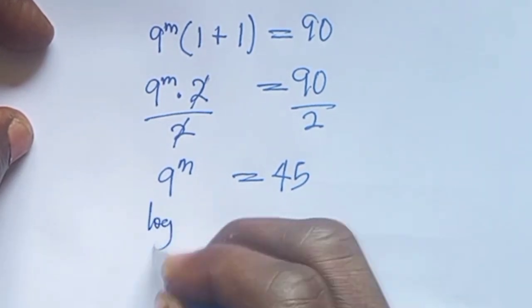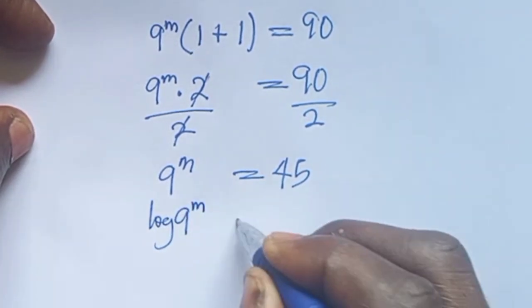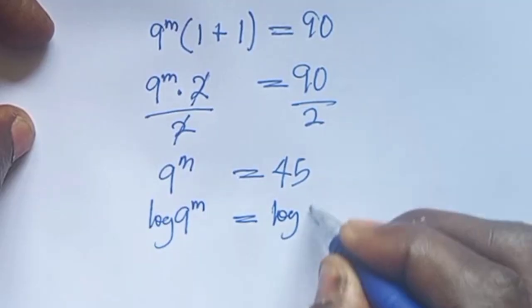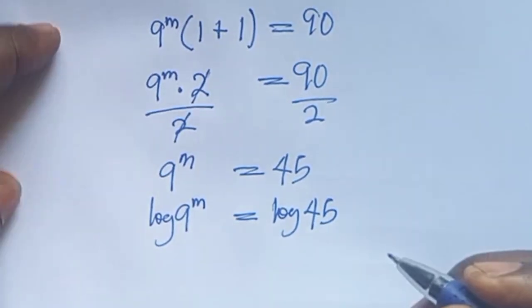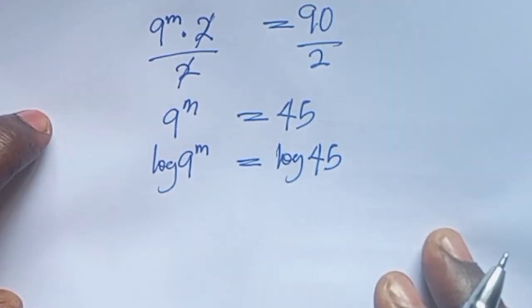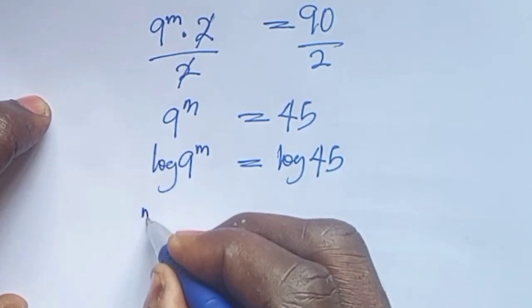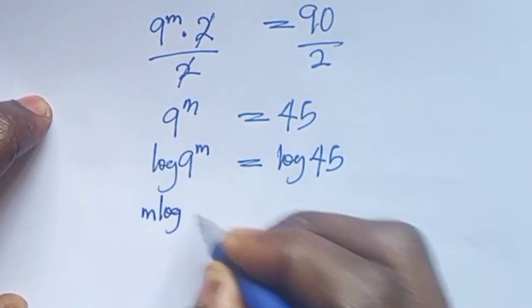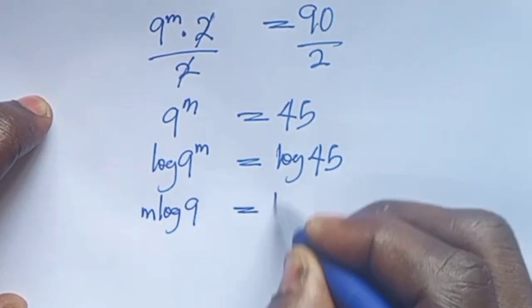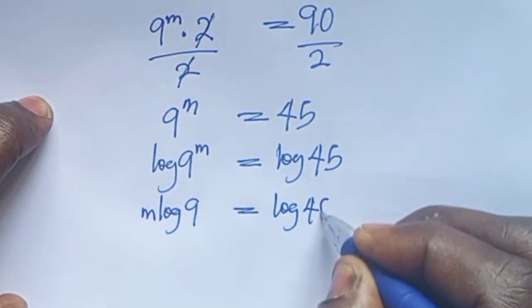That is, log 9 to the power of m will be equals to log 45. So if you bring this power down, m will therefore multiply log 9, that is equals to log 45.